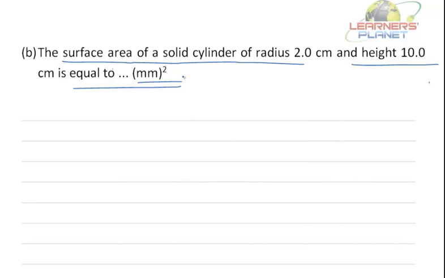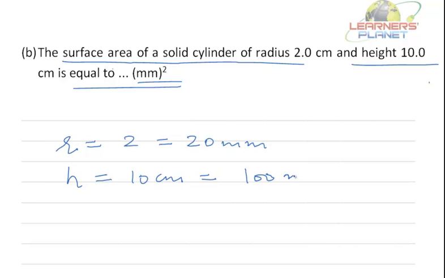So radius is given as 2 centimeter, which is equal to 20 millimeters, and height h is given as 10 centimeter, which can be written as 100 millimeters.